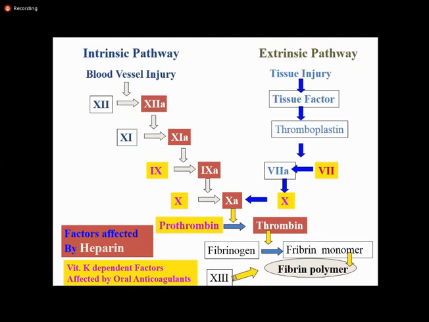And this thrombin is responsible for activating fibrinogen into fibrin threads. So this fibrin is responsible for forming the clot. So we can say in clot formation, fibrin has the key role.